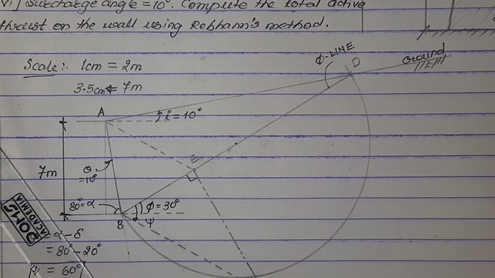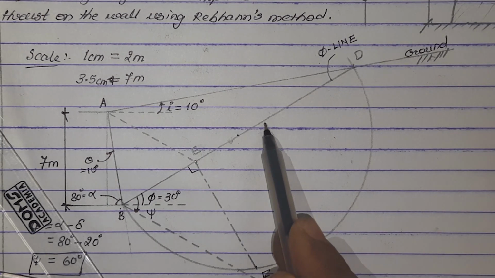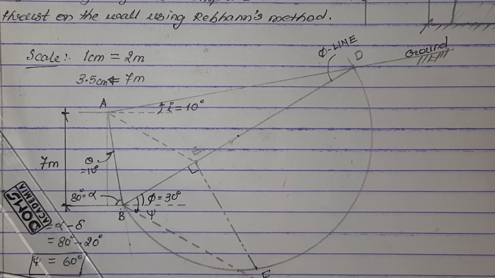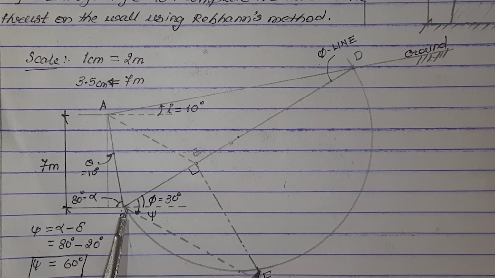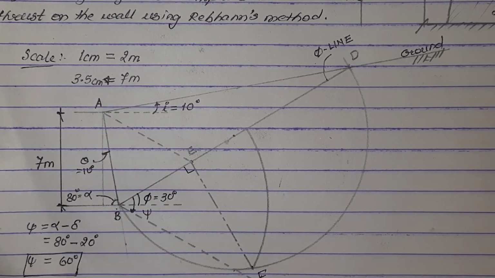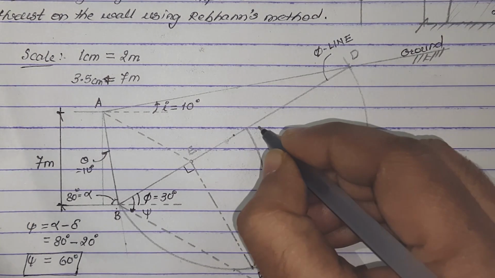This angle is 90 degree and let us say this point is point F. Okay, now take BF as radius and draw an arc in this manner so that it will intersect this phi line. So take B as center and BF as radius and draw the arc. Thus, we have drawn an arc by taking BF as radius in this manner. It has intersected this phi line at point G.